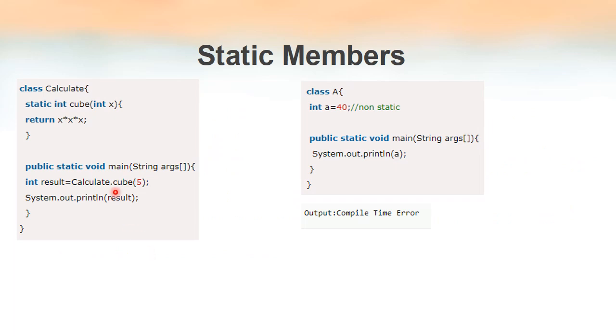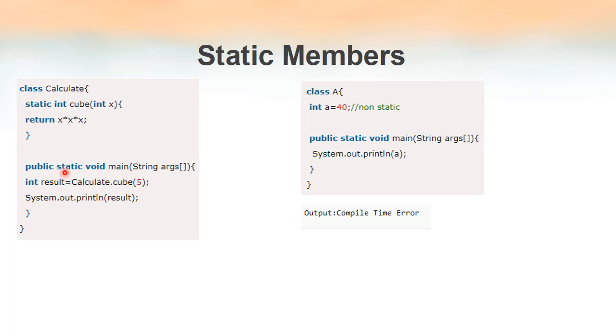As you can see here, we are creating one class. The class name is Calculate. We have one static method, static int cube, and it is receiving one integer parameter. Why does this method have to be static? We are going to call this method cube from within the main method.